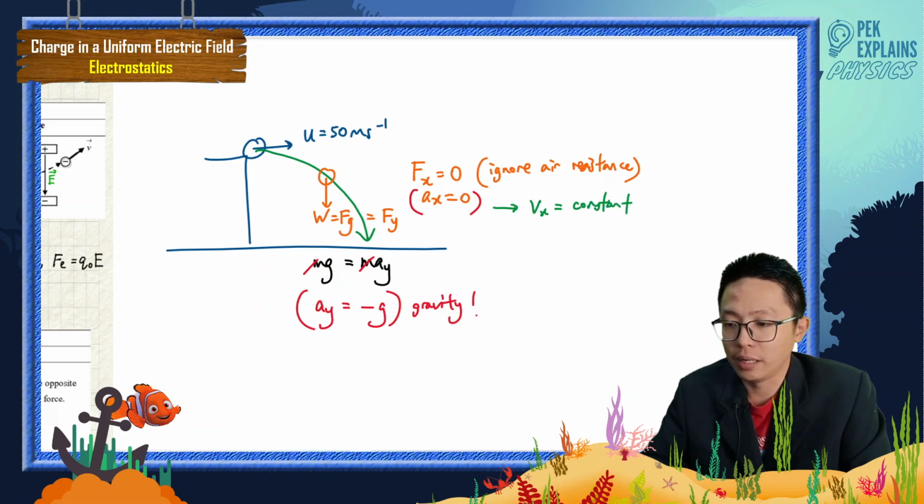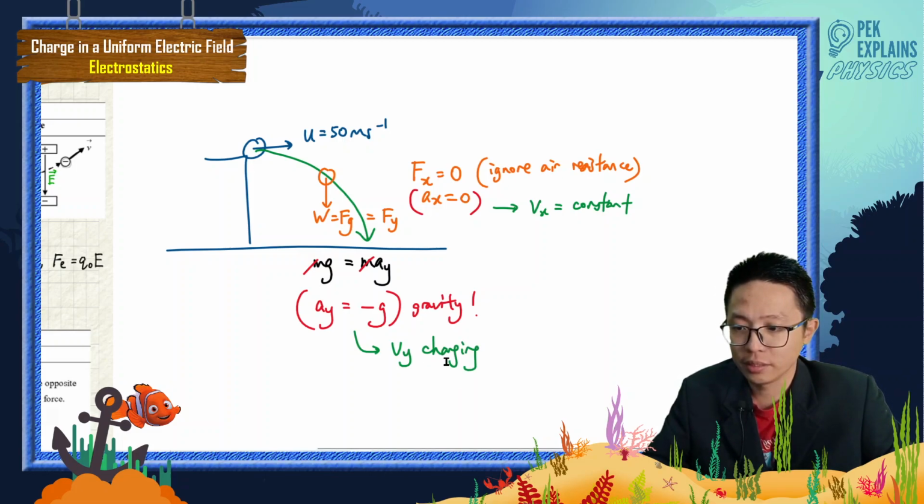But for the y component, the velocity is always changing. It's not constant, because in y component we have acceleration, but in x component our acceleration is 0. Velocity in y component is changing because of the gravity.